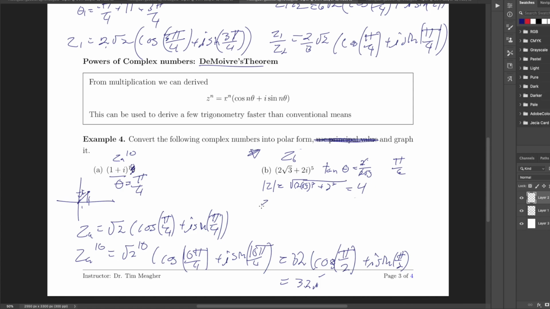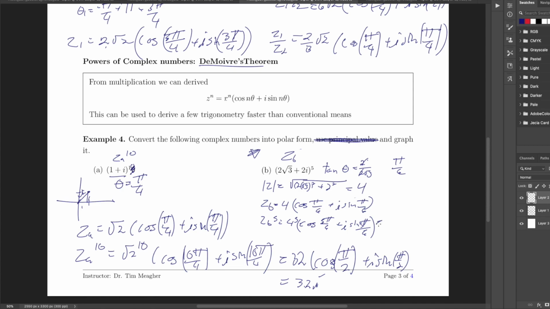Alright, so here we'll have zb is equal to 4 cosine of pi over 6 plus i sine of pi over 6. And then zb to the 5th is equal to 4 to the 5th cosine of 5 pi over 6 plus i sine of 5 pi over 6.